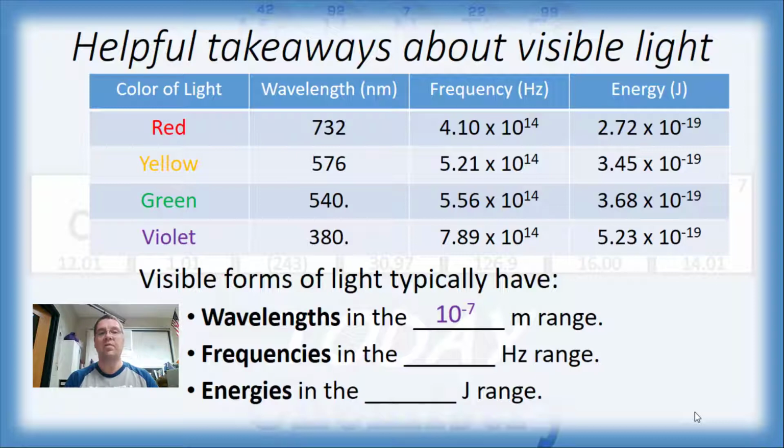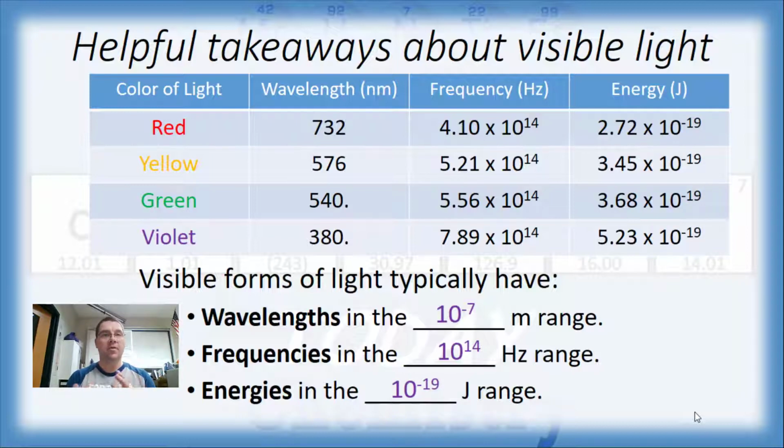If we look at frequency, notice that the magnitudes of these frequencies are all 10 to the 14th power. And so we can conclude that frequencies of visible light fall in this 10 to the 14th hertz range. Likewise, if we look at the energy, we see that consistently the energies are in the 10 to the negative 19th joules range. And so we can make the generalization that energies for visible light will be in that 10 to the negative 19th joules range.